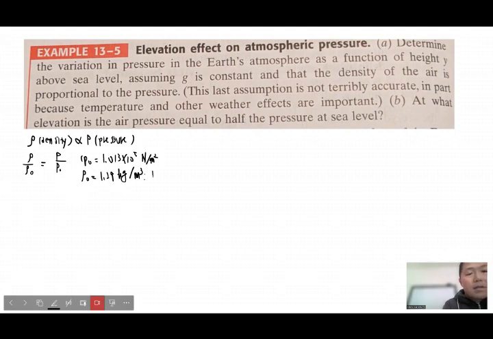This is the density of the air at sea level.